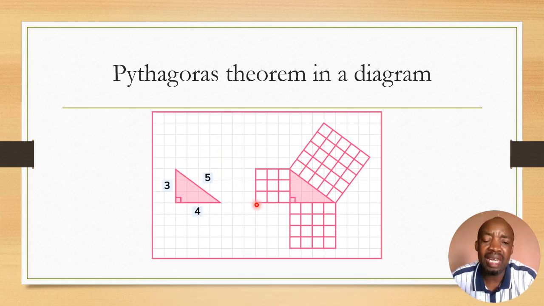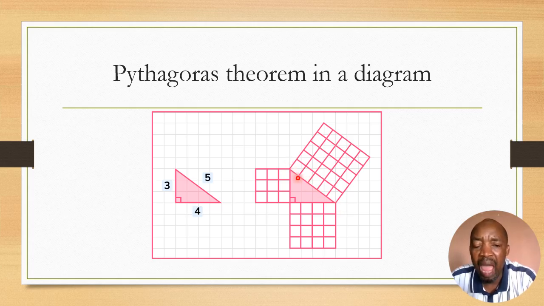In a diagram, let me start with the hypotenuse first. The hypotenuse is that side which is opposite the 90 degrees angle. Remember that. When we refer to the hypotenuse, we are talking about the side which is opposite the 90 degrees angle.